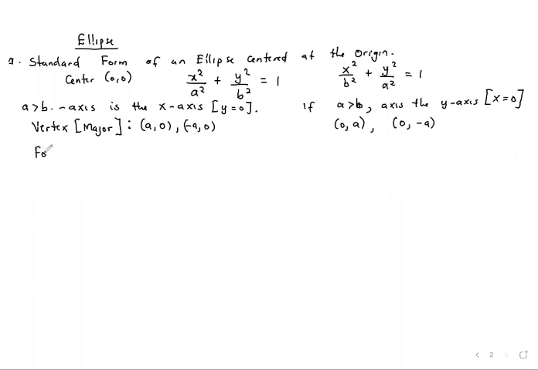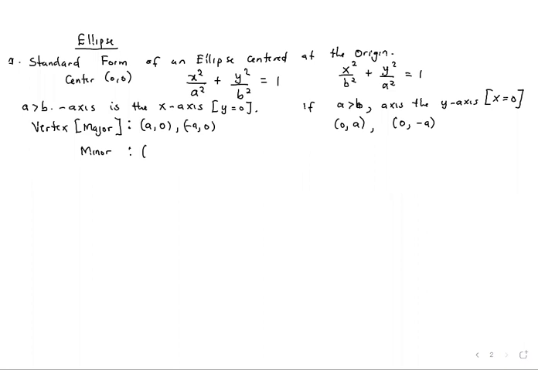Then the foci, because there are 2. We just put the major one, so you can also put the minor one. The minor vertices, we'll have b comma 0.